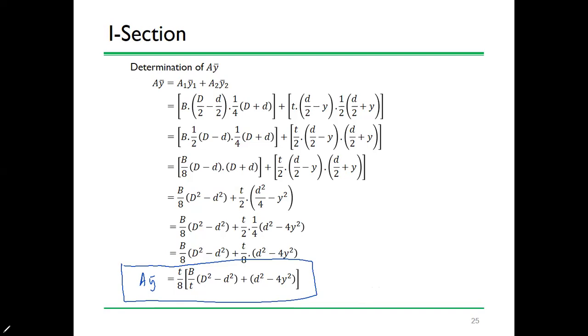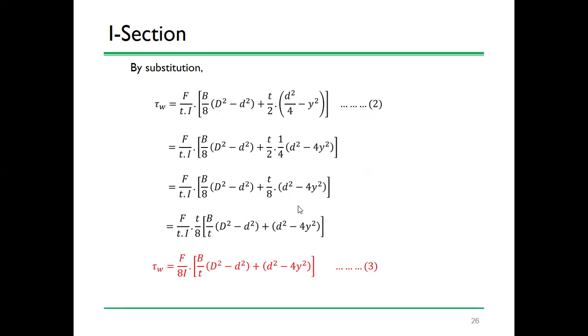Now that we've got our A y bar, we are going to substitute into the mean shear formula to determine what we expect. So now, this is the main shear formula.